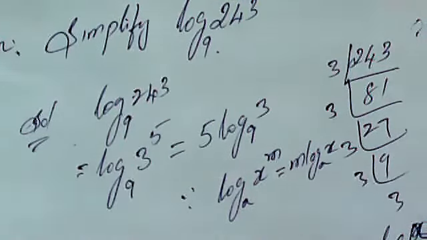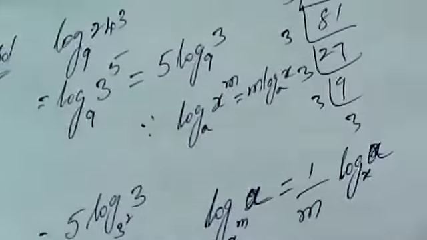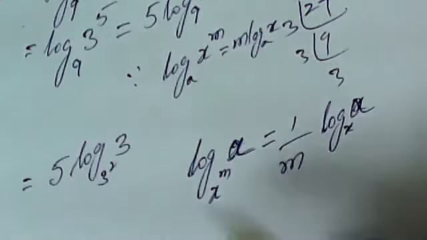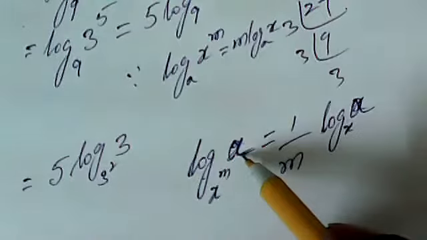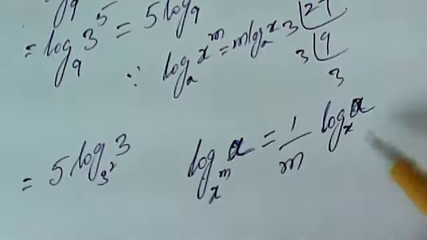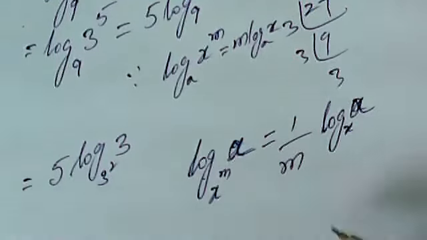How did we get this? Once again, log of a to base x power m is equal to 1 upon m log of a to base x.